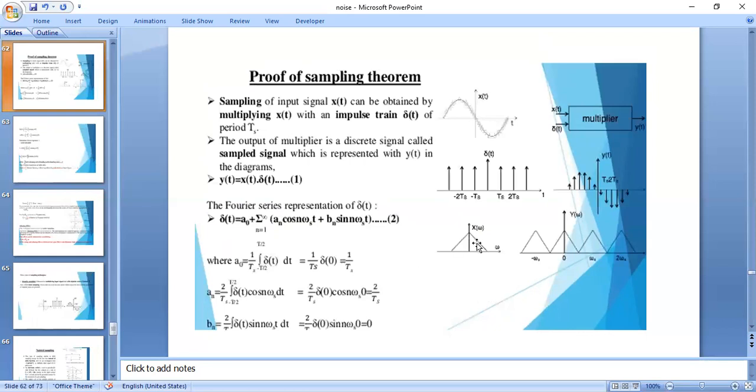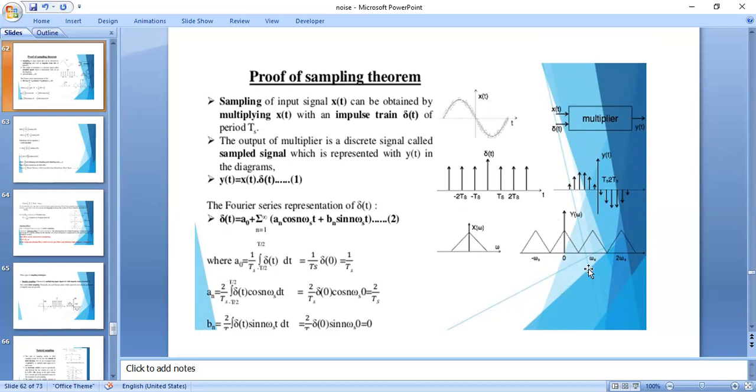Here you may observe the spectrum of the message signal and the sampled signal or discrete signal. If you apply the Fourier transform to x of t, you will get x of omega. This represents the bandwidth, with upper cutoff frequency and lower cutoff frequency. These are the band of frequencies contained in the input or continuous signal.